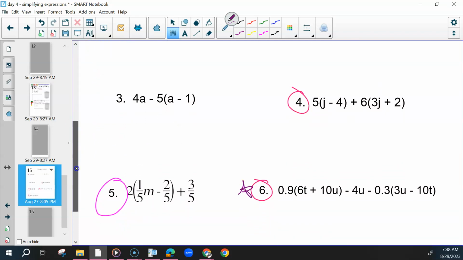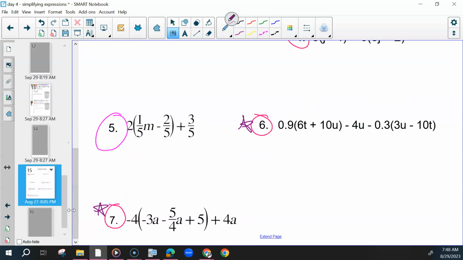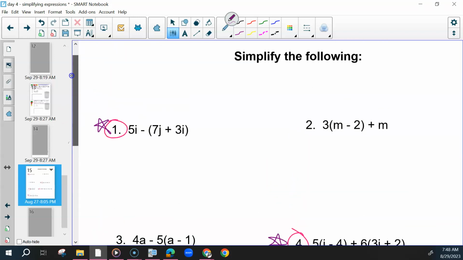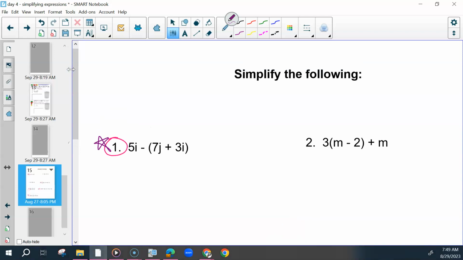We got 1, 6, 7. Any others? 4. Right. I think that's a good amount. If we come up with some others, we will come back to this. So let's start with number 1.